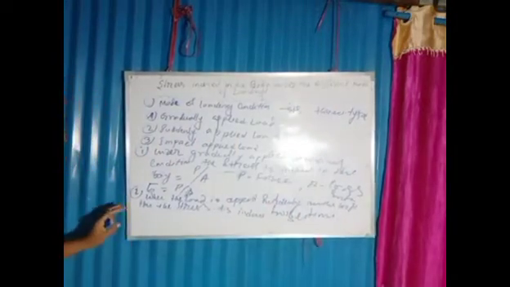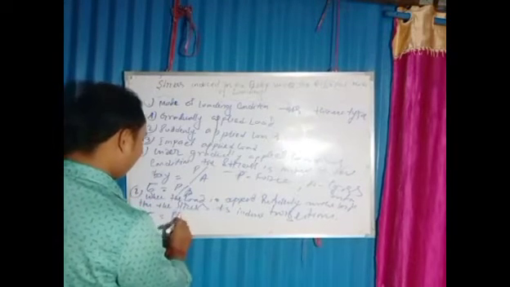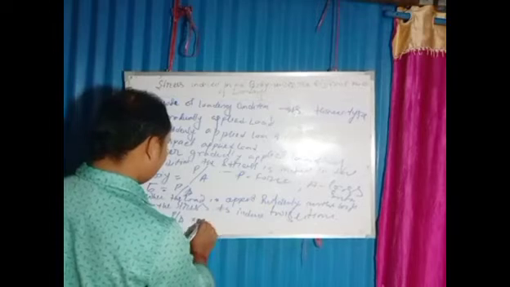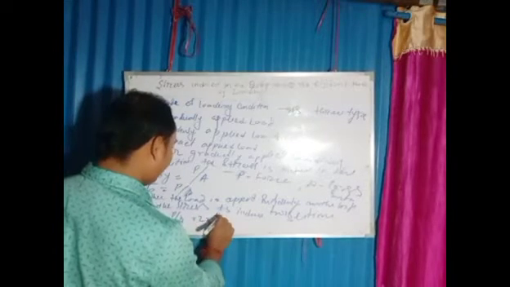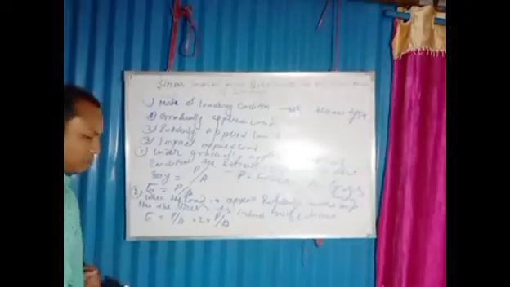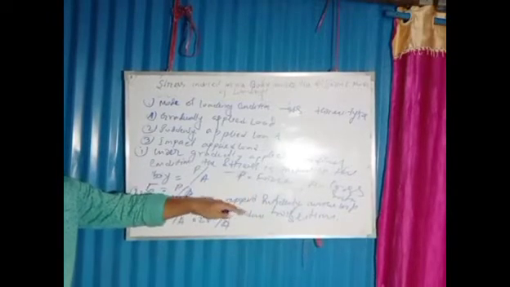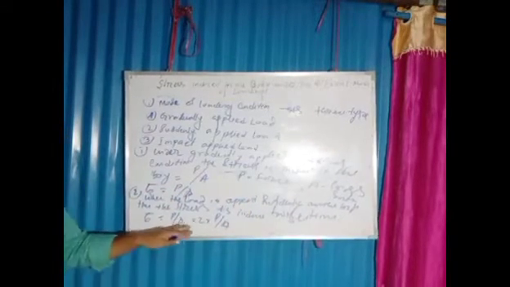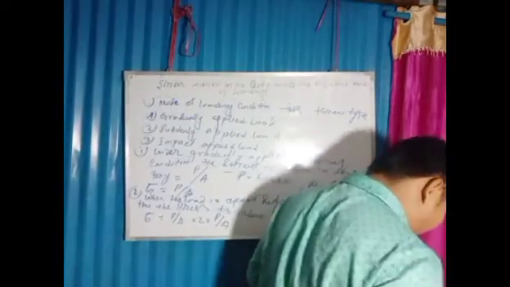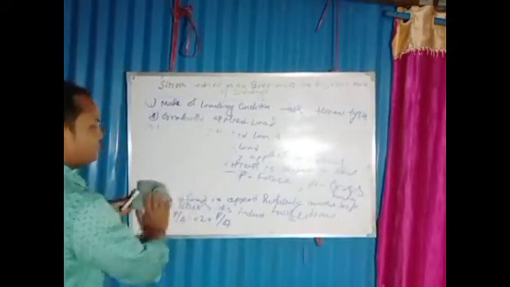Generally on gradual loading we have seen stress equals P by A. So here the stress will be generated as 2 into P by A. This is twice the value of the stress. By this formula we can easily calculate the stress of this object when the load is applied suddenly.